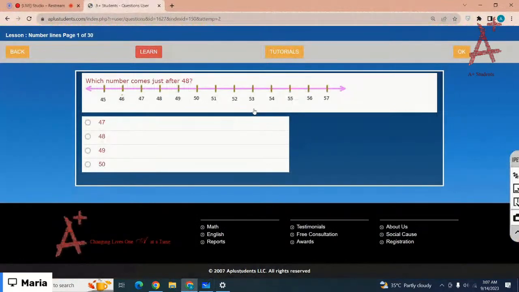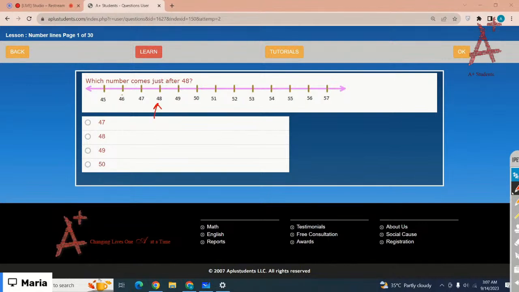Okay, which number comes just after 48? You have to find a number that comes just after 48, right? How do you find it? First of all, you have to find 48 on the number line. So here, where is 48? Here it is, right?